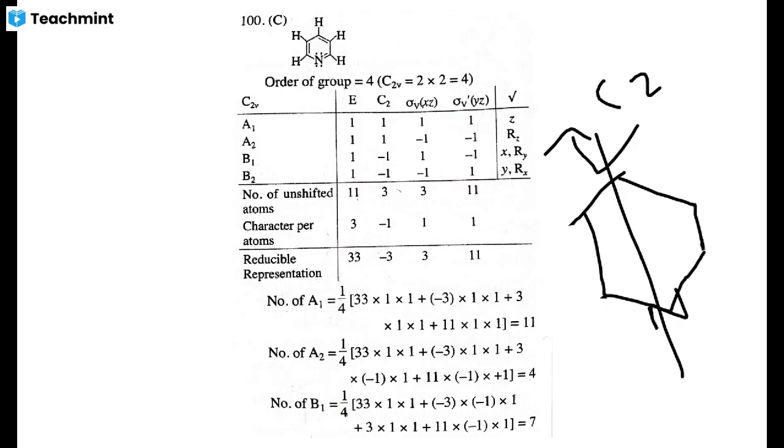So for doing C2, the unshifted atoms are this hydrogen, this carbon, this nitrogen. So the number of unshifted atoms is 3.